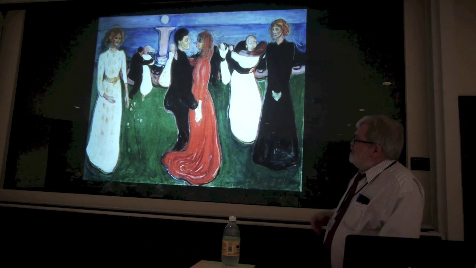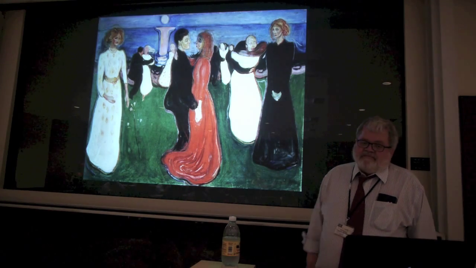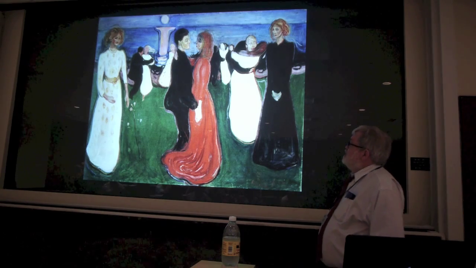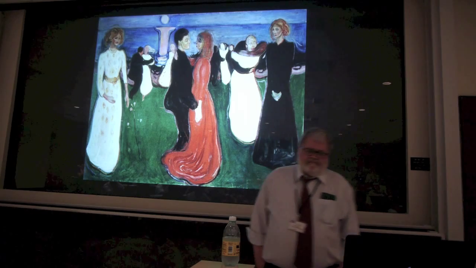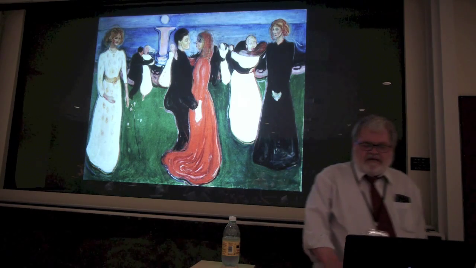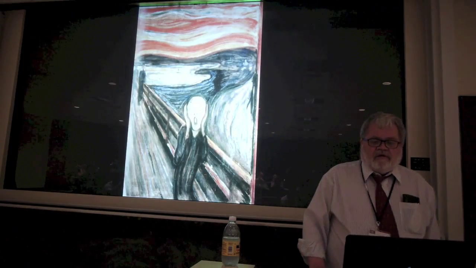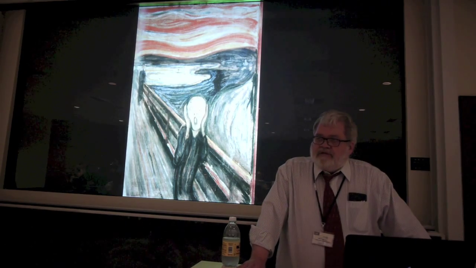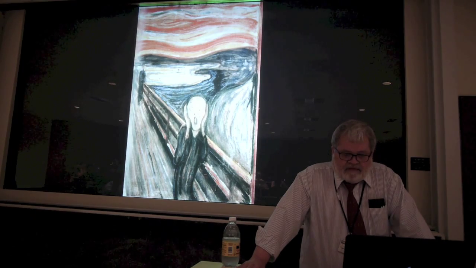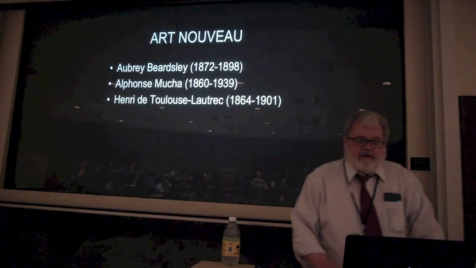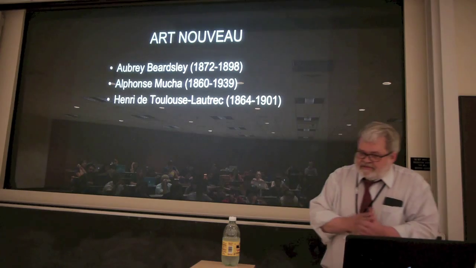This is a night party done by Schiele, which looks not so much like an outtake from The Walking Dead. I don't know. That sort of work that was being done in 1900, 1910. Or, of course, the most famous one amongst them, The Scream, which is also from that period, too. To give you an idea of how this reaction was done to society.